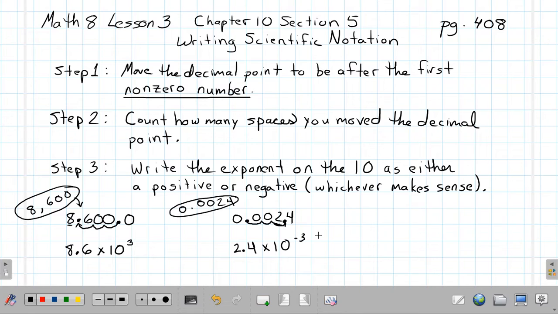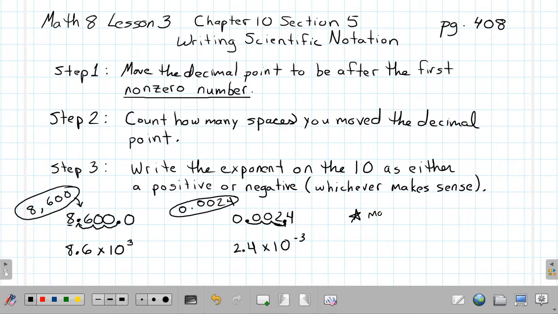It depends on what you're starting with. If you're starting off with a smaller number than 2.4, you'll need a negative exponent. If you're starting with a bigger number than 8.6, you need to use a positive exponent. So think about it as going backwards. If we wanted to make this 8.6 bigger, we'd have to have a positive exponent. If we wanted to make this 2.4 smaller, we're going to have to use a negative exponent.